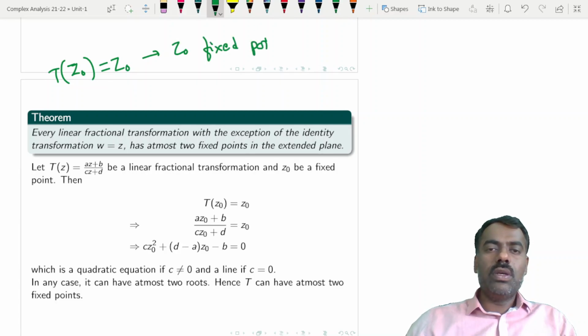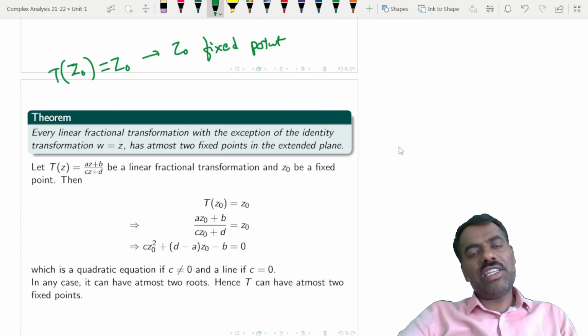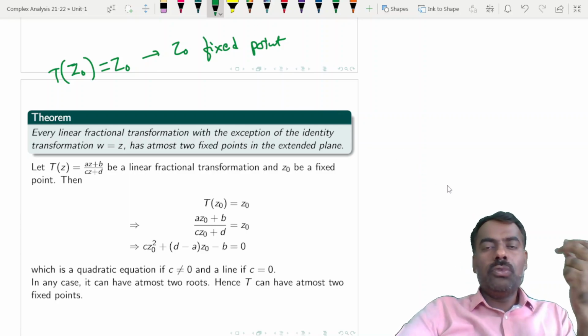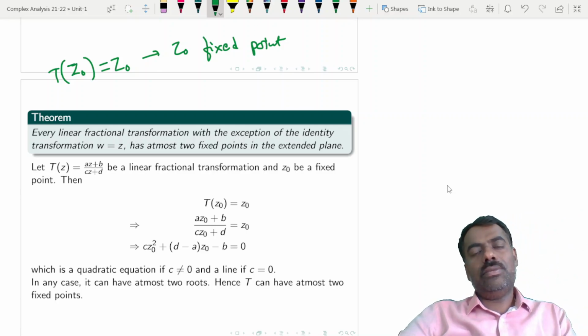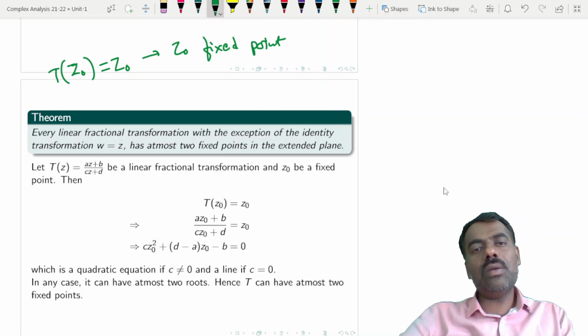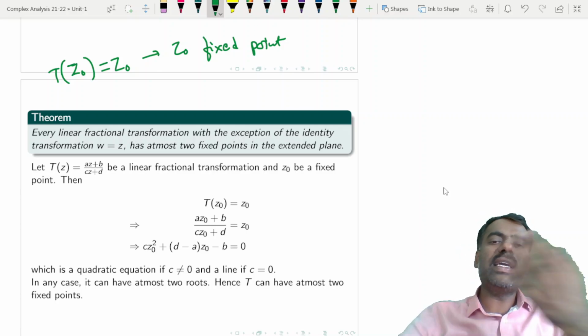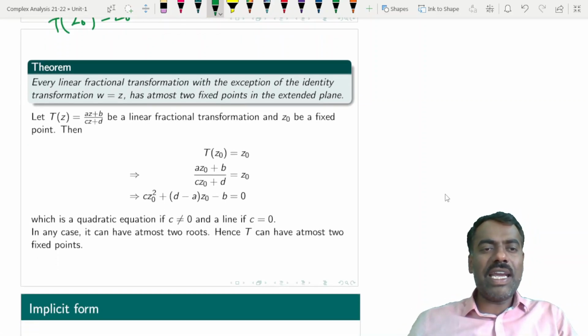So every linear fractional transformation can have at most 2 fixed points in the extended plane.